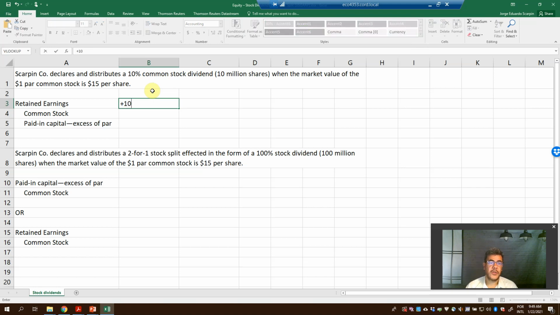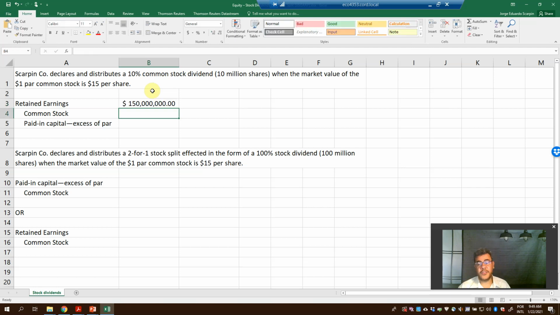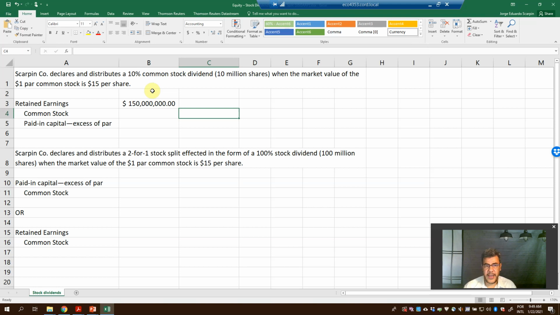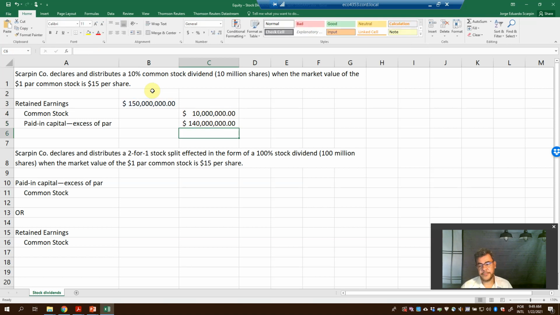How much? 10 million shares times $15. $150 million. Credit, just like issuing any other share, any other stock. Common stock par value, 10 million times 1, and the paid in capital to balance, the 140 remaining.